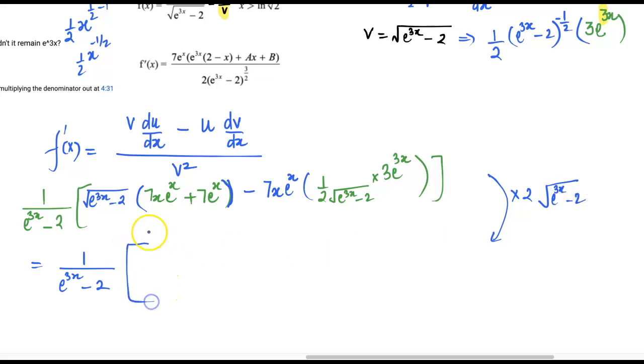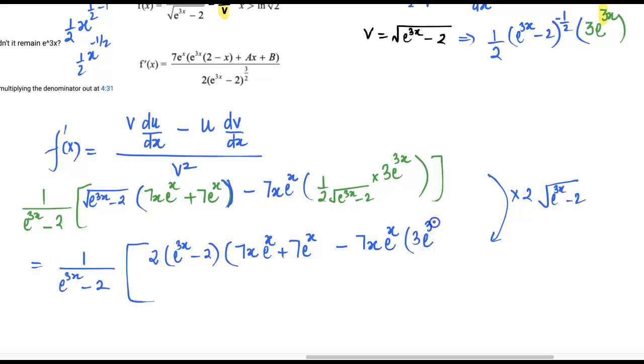So that would give us 2 e to the power 3x minus 2, and there we will be having 7x e to the power x plus 7 e to the power x minus 7x e to the power x and 3 e to the power 3x.